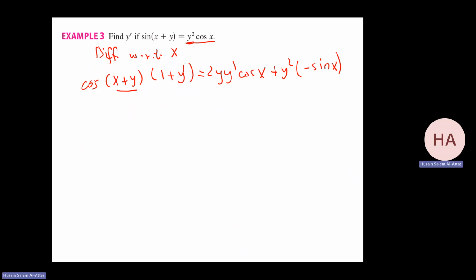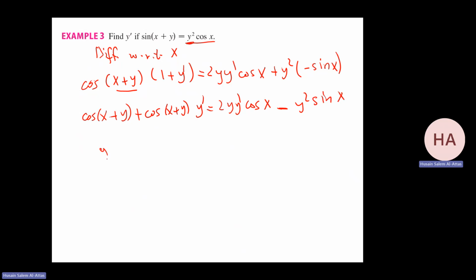Now we need to combine the things with y prime. Let me open this. That will be cosine x plus y plus cosine x plus y times y prime equal to y prime cosine x minus y squared sine x.